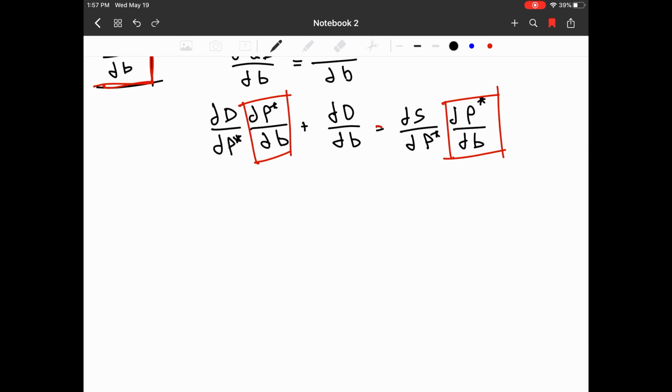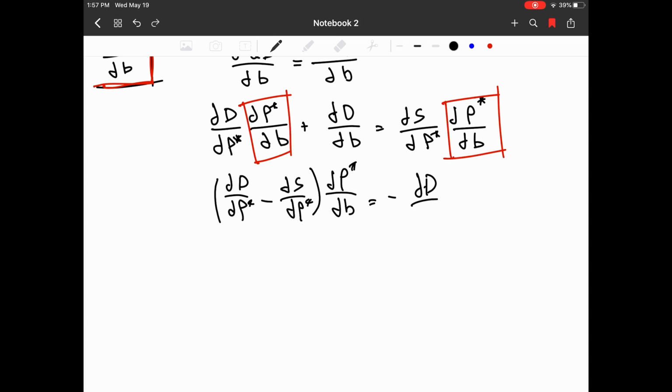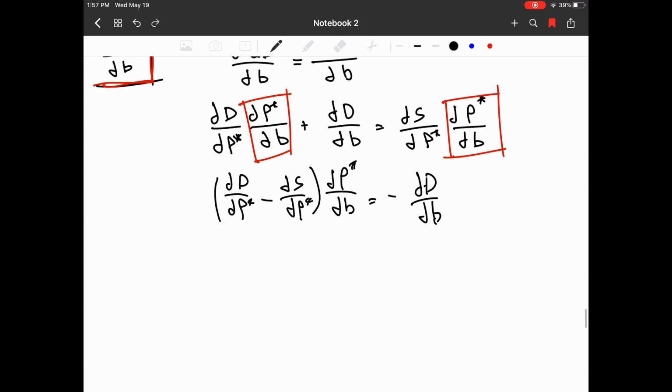So to do that, we'll just bring both to the left-hand side. So we have dd dp star minus ds dp star times dp star db, which is equal to negative dd db. And then we can flip the signs, make this positive, make this negative.